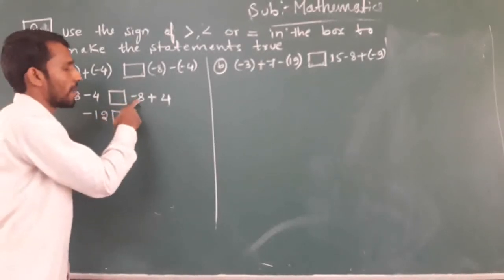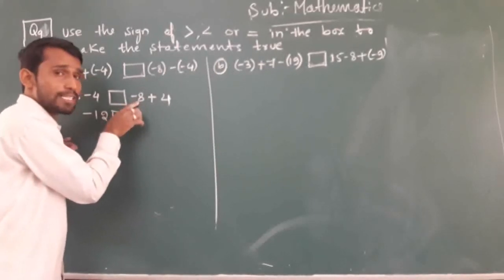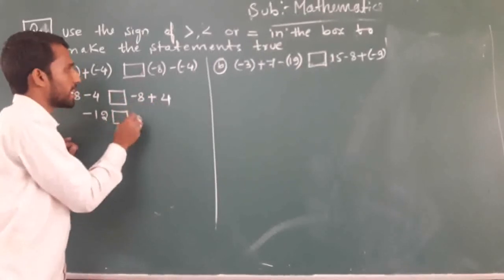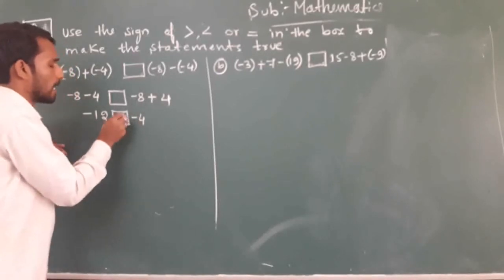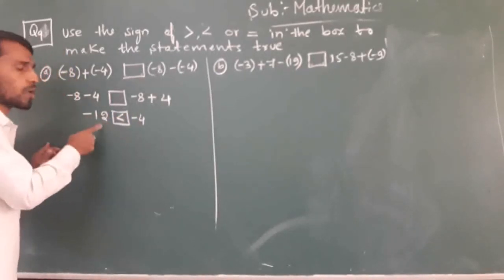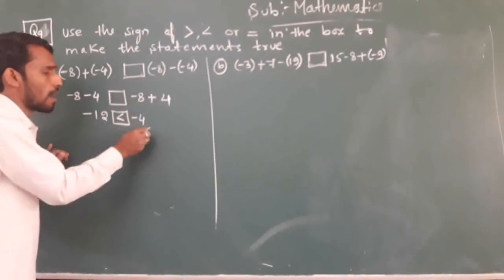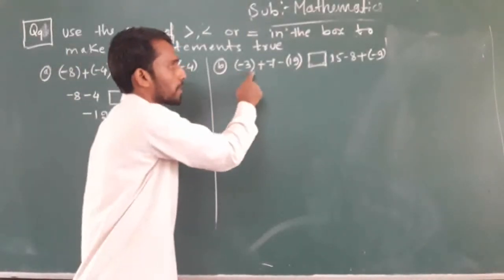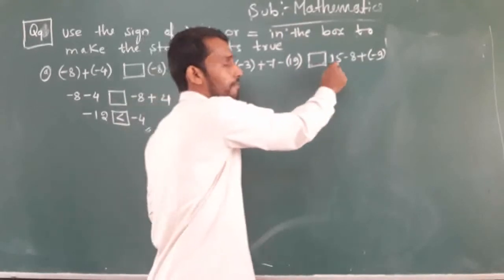For minus 8 plus 4, one is a negative integer and the other is positive, so when we subtract, we get minus 4. So the answer is smaller than: minus 12 is smaller than minus 4.